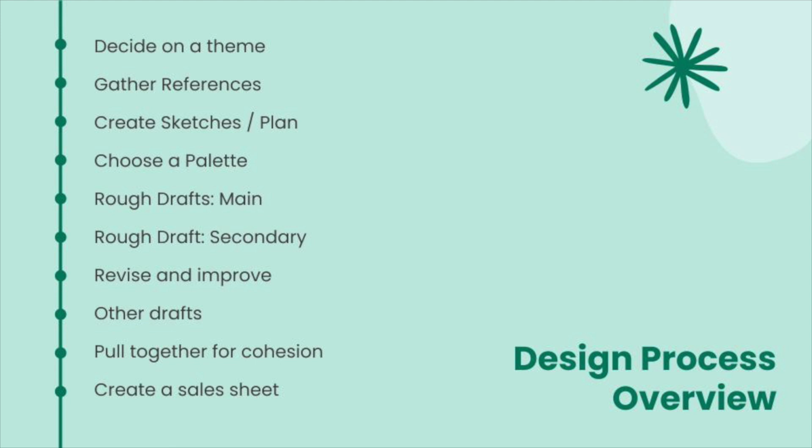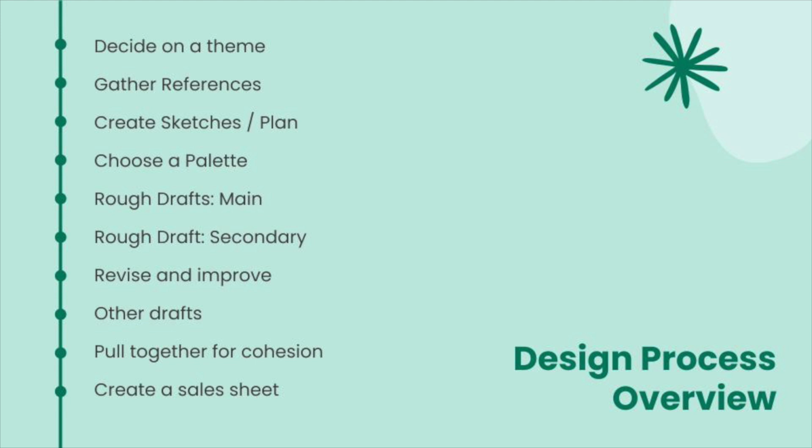The first is decide on a theme, then I gather some references, I create sketches, and I also create a plan. I choose a palette. I start my rough drafts for my main print or my main illustration. Often if it's illustrations, there's not really a main. They're all sort of equal, it's just whichever one I decide to start with.